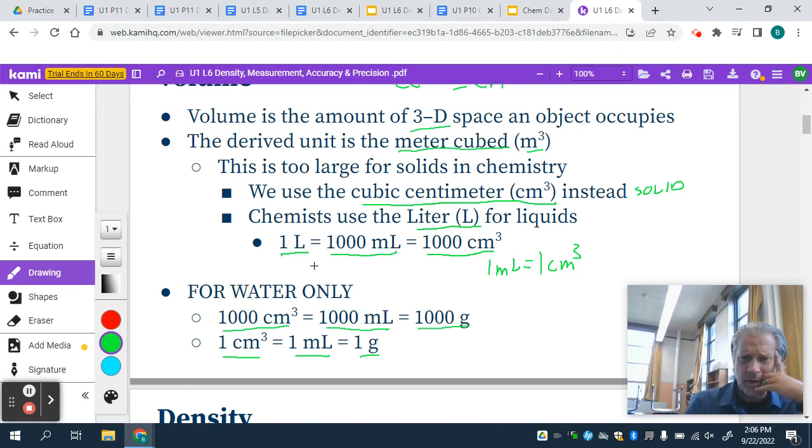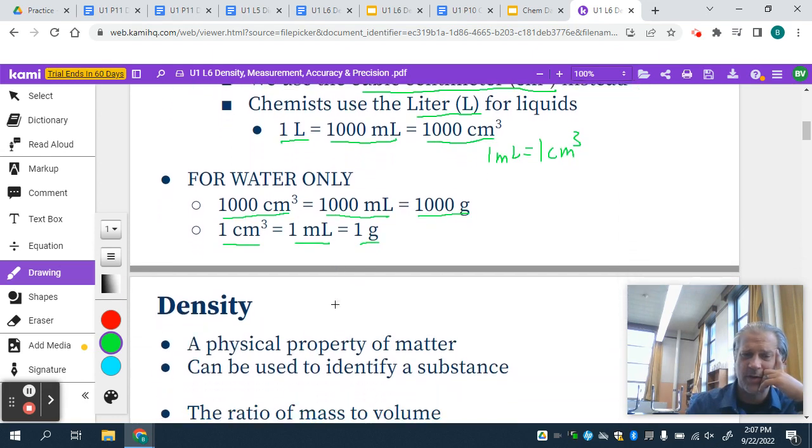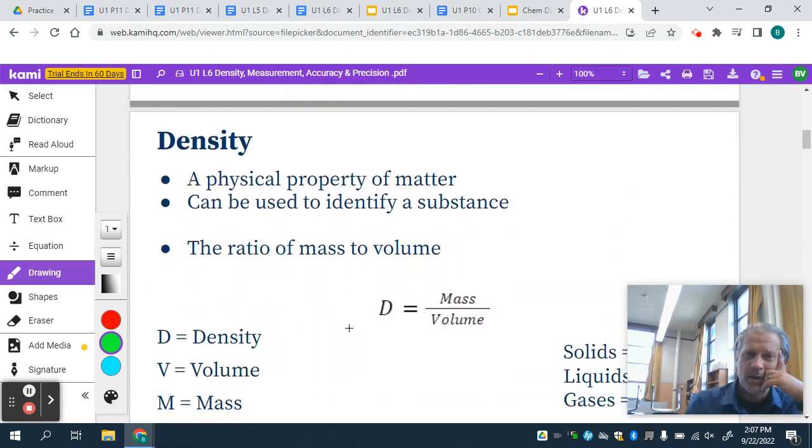So the reason why we're talking about volume in a little bit more detail is because I want to talk about density a little bit more. So density is a physical property, meaning that we can observe that property without changing the substance. And we'll talk more about the difference between a physical and chemical property in a couple of lessons. But for now, we're talking about the physical property of density.